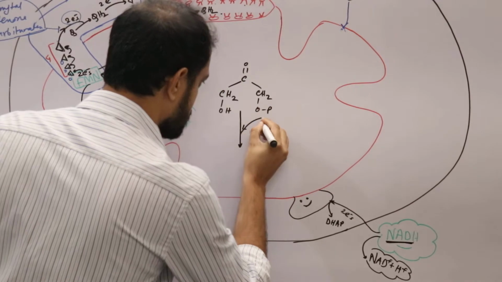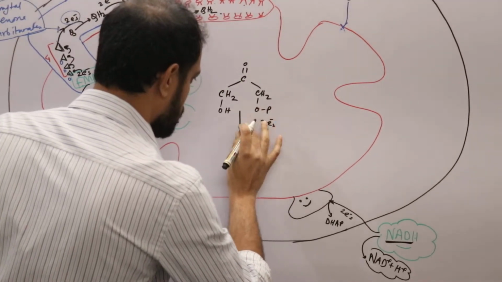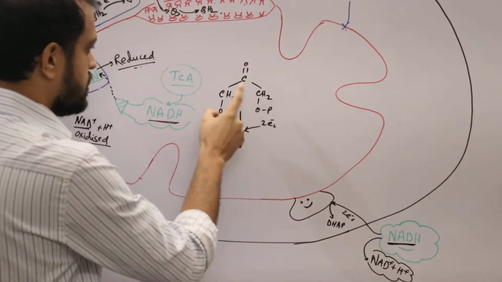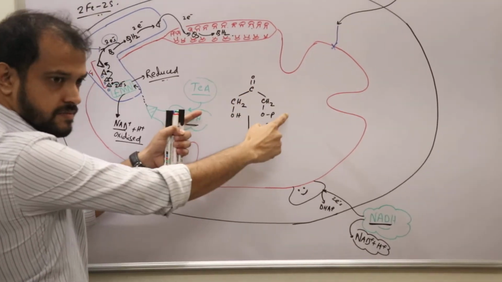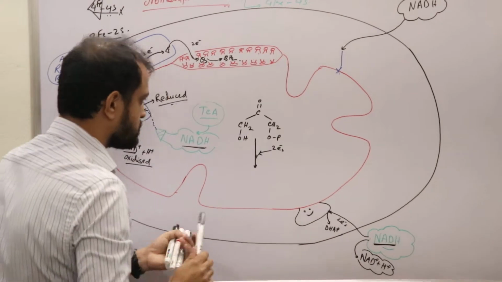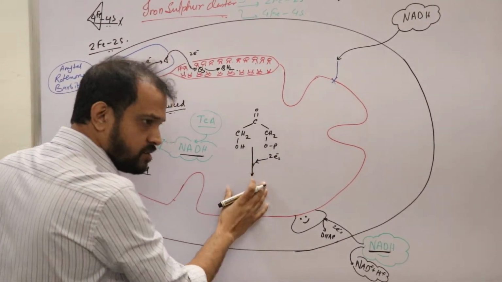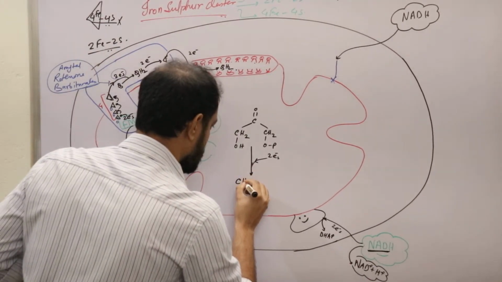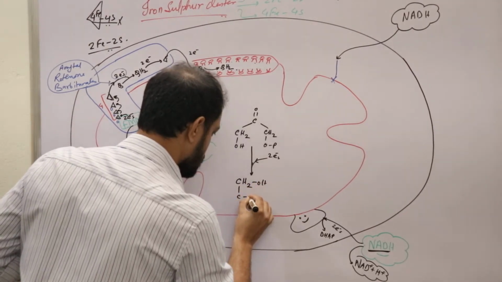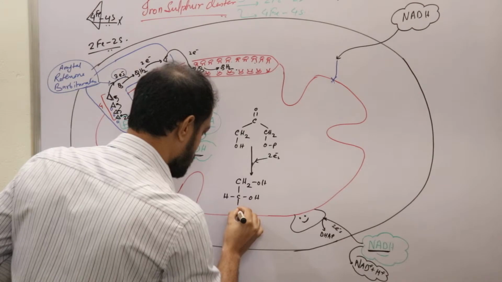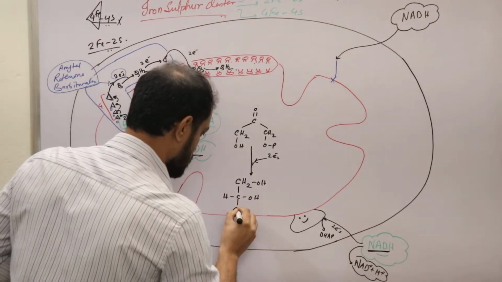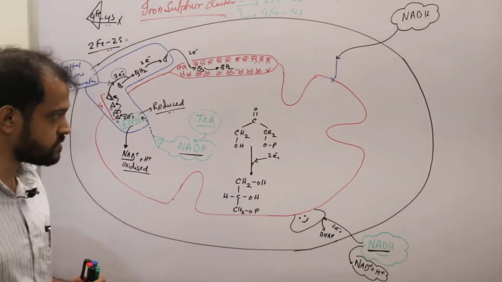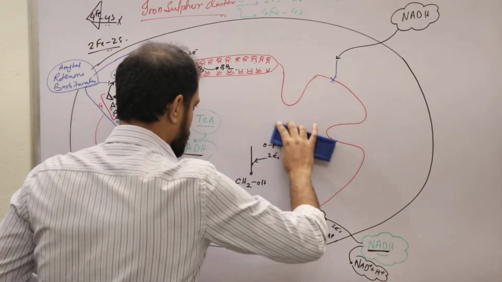Now what will happen is, this dihydroxyacetone phosphate will be reduced to this. What is this? Glycerol 3-phosphate.